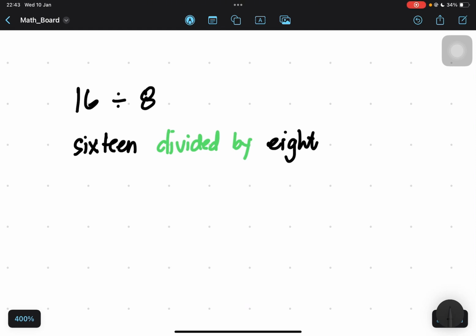Sixteen divided by 8. How are we going to get the value of the quotient using a subtraction method? In multiplication, we use the addition method, which interprets the expression of the two numbers multiplied together. Now we're going to interpret 16 divided by 8 in the subtraction method with only two rules.